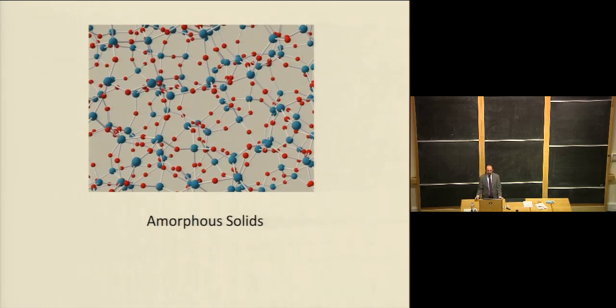The blue objects are supposed to be silicon, and the red objects are oxygen. Every silicon is bonded to 4 oxygens. Every oxygen is bonded to 2 silicons. And generally, we are familiar with amorphous silicon dioxide as window glass. It has a lot of the same properties as its crystalline cousin quartz, but it is a slightly different material.